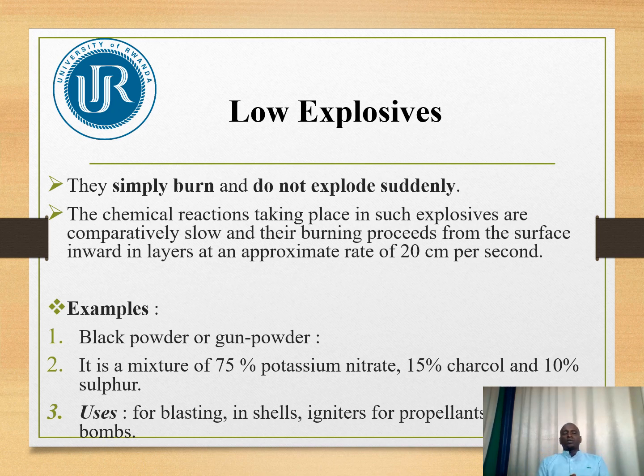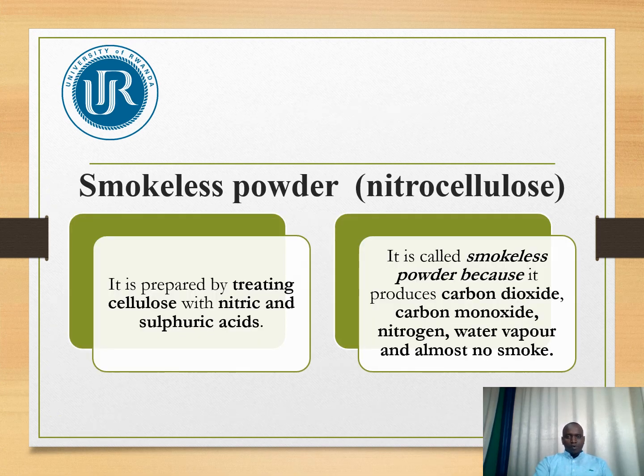One example is gunpowder or black powder, which is a mixture of 75% potassium nitrate, 15% charcoal, and 10% sulfur. These are mainly used in blasting, in shells, and in igniters for propellant bombs.